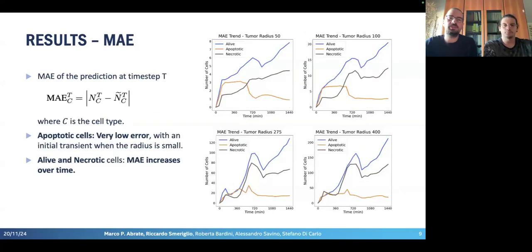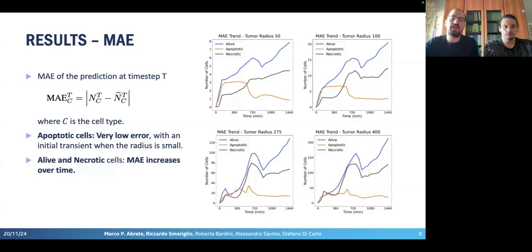A little bit more in detail, in terms of the mean absolute error between the prediction and the ground truth, you can see here on the right a trend of these values, also separated by the tumor radius. What we can observe is that for apoptotic cells, the error is always very low, except for a little transient in the first half of the simulation for the two smaller tumor radii.